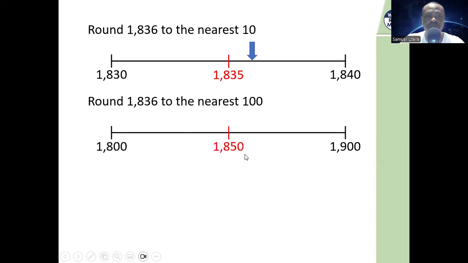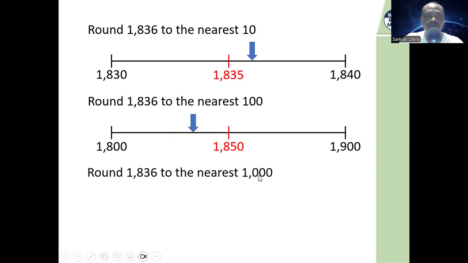It's 1850. Where could we possibly place 1836? Of course, it's going to be below 1850. So we'll say, because 1836 is closer to 1800 than to 1900, we'll then say 1836 rounds to 1800.